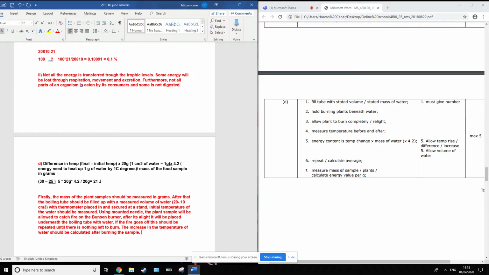Then you could use by multiplying the change in temperature with the mass of the water inside the boiling tube and 4.2.